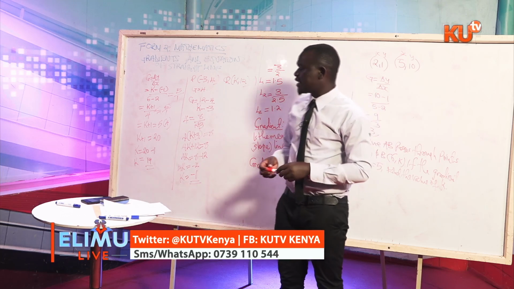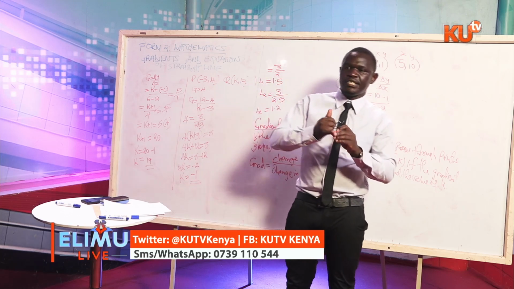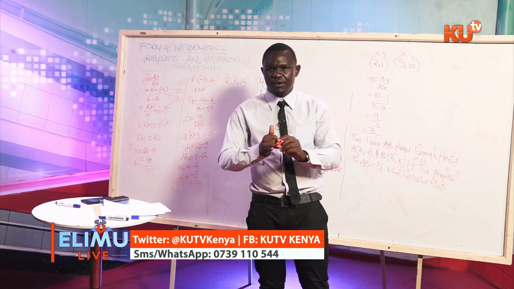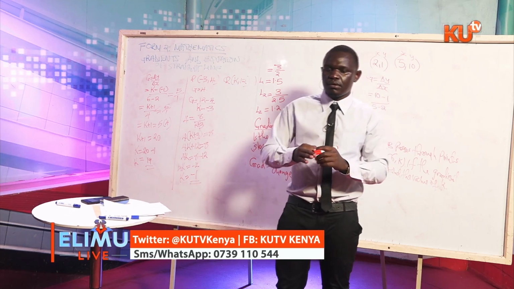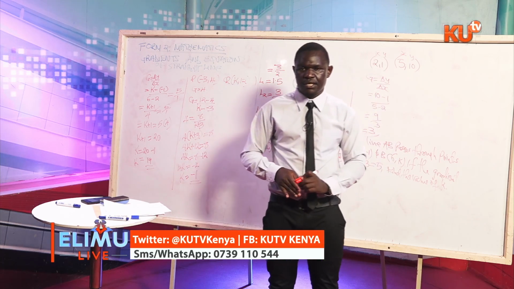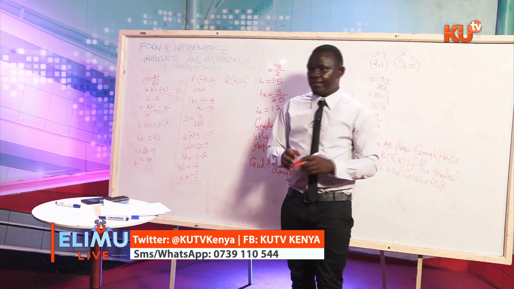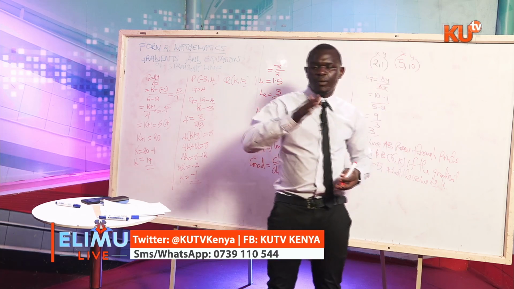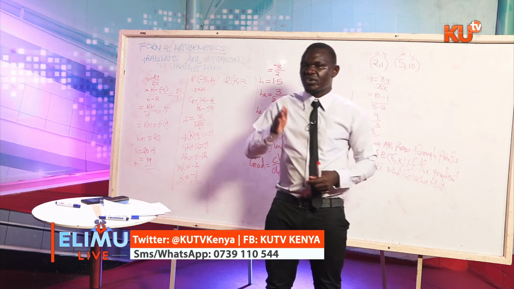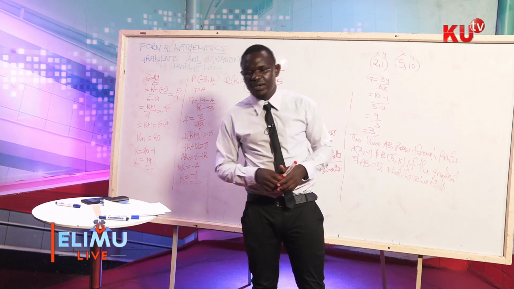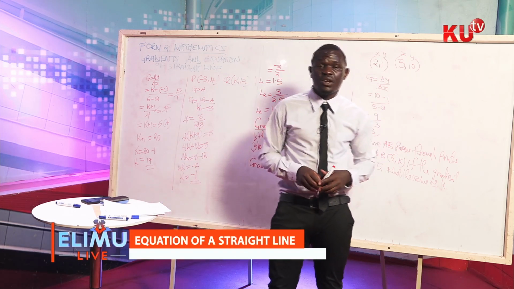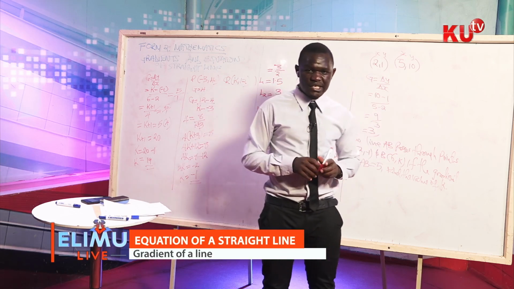We went further ahead and said a gradient can either be positive, negative, 0, or undefined. For a positive gradient, I showed you an example. When a change in x results in a corresponding change in the y value, that gives you what is called a positive gradient.